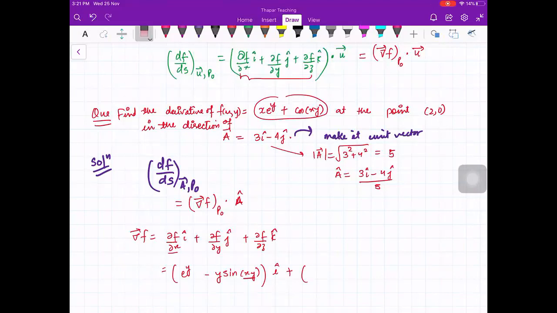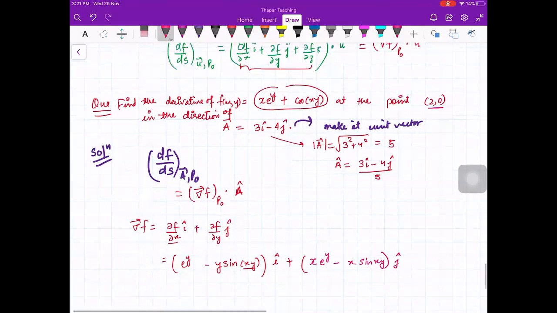Sorry, this term is not there. We have a function of two variables. So what will be curly f by curly y? That will be x e raised to y minus sin xy into the derivative of xy with respect to y, that is x. Right, now you have to compute it at (2, 0).